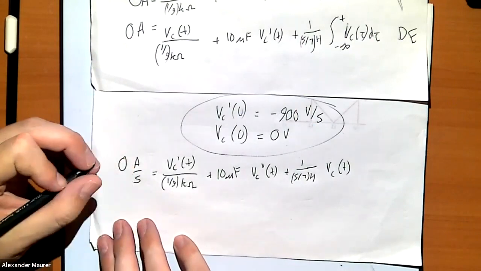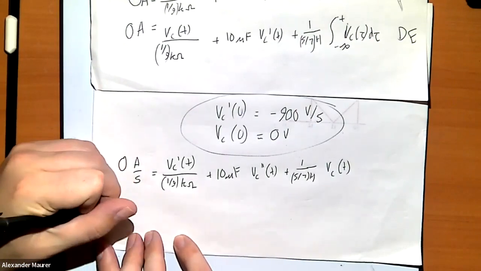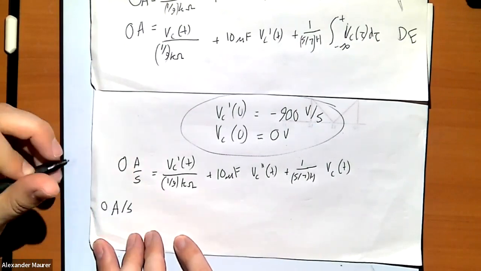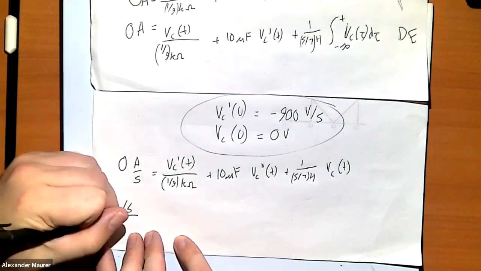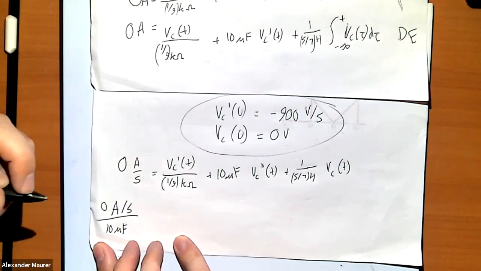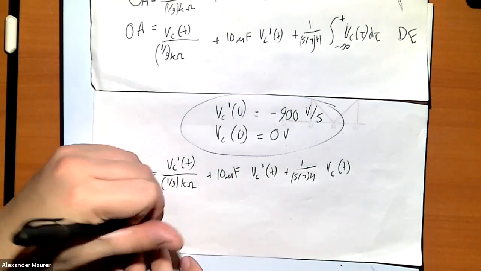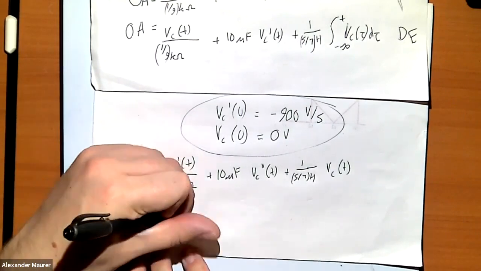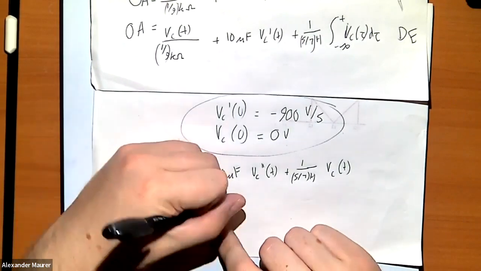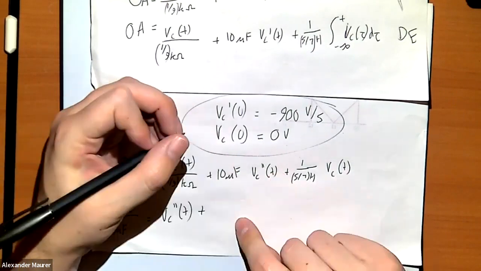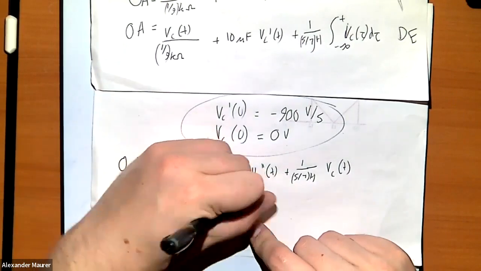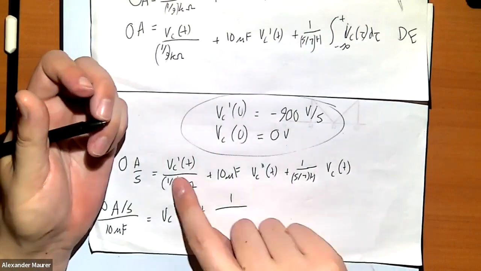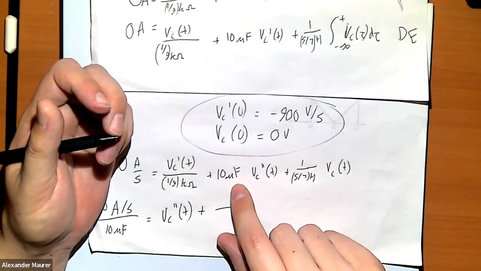Okay, so 0 amperes per second over 10 microfarads equals VC double prime of t plus 1 over 1/9 kilo ohms.